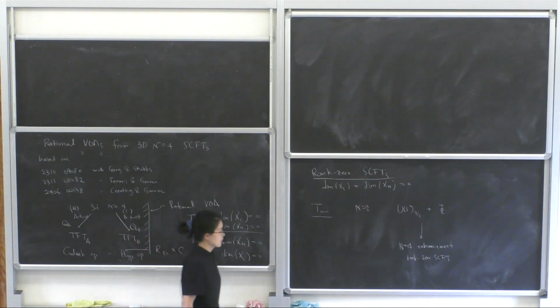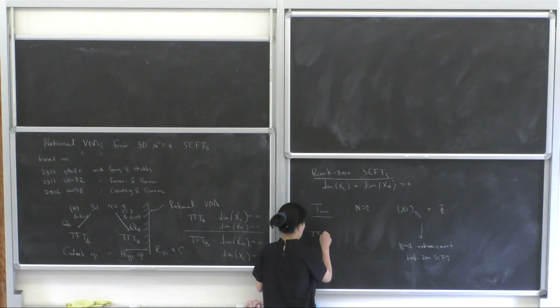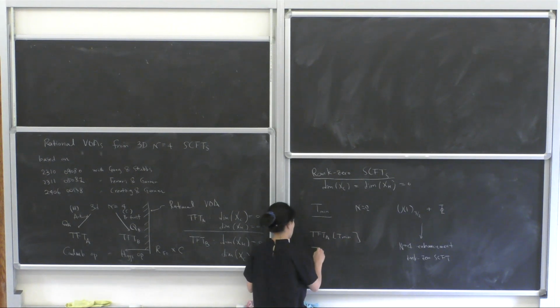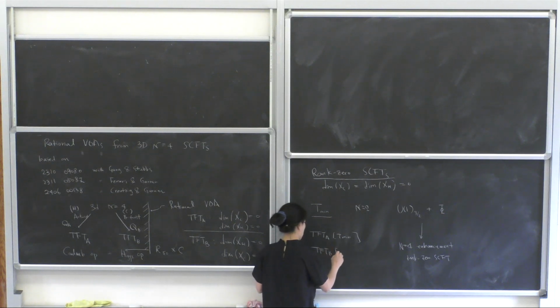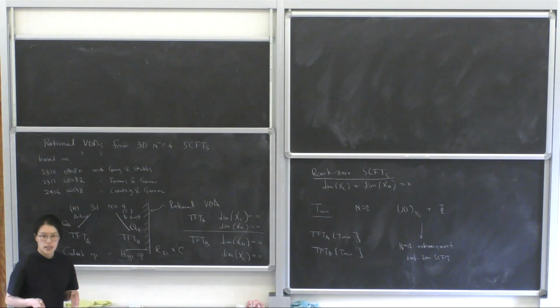And in fact, the bulk theory suggests that for both TFT-A of T-min and TFT-B of T-min, from the bulk computation, you can actually extract all the modular data of that rational vertex operator algebra.